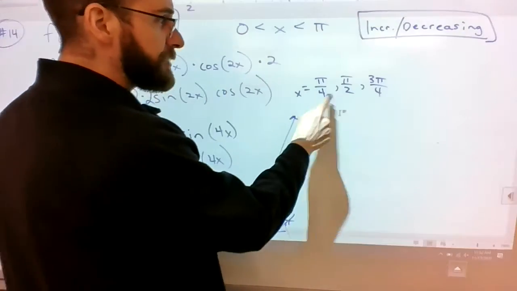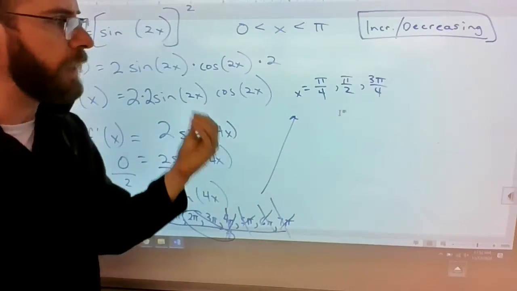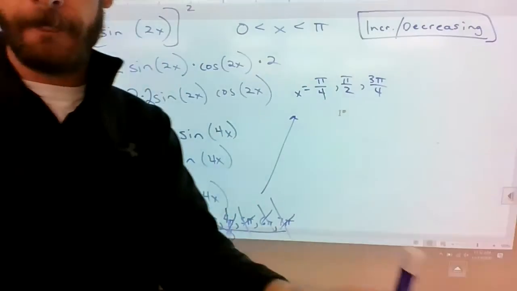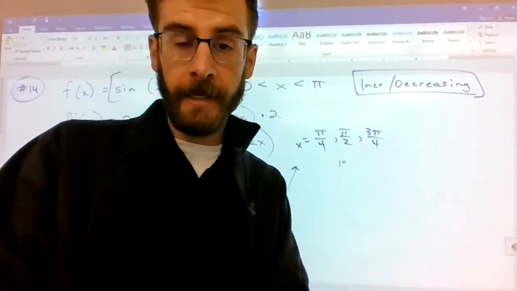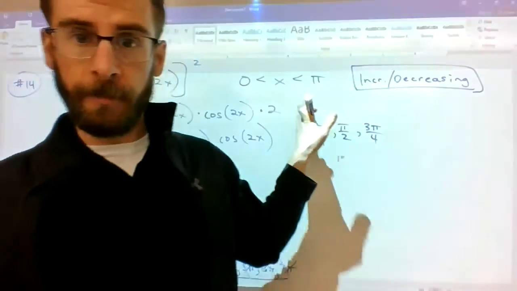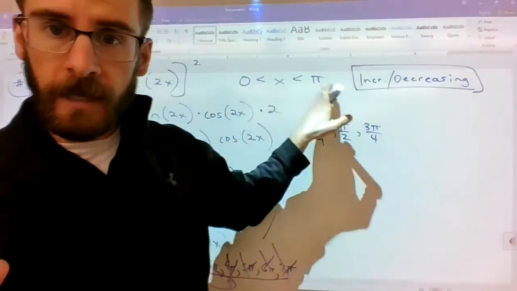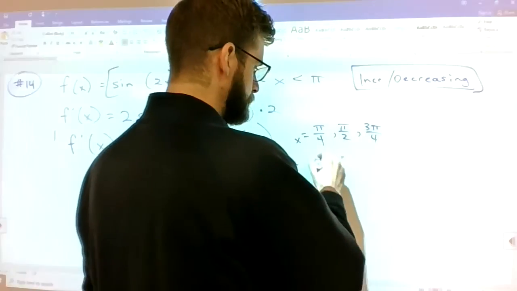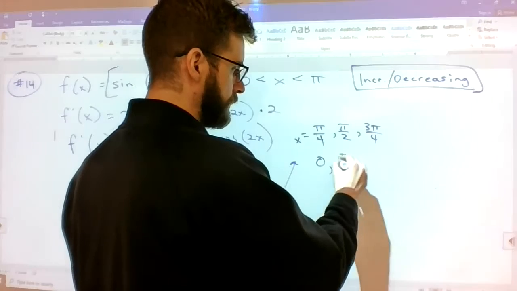Okay, these are our critical numbers. So you set up your intervals with those in mind. And the boundaries aren't going to be negative infinity to infinity. The boundaries are going to be 0 and pi. So you start at 0. You travel to pi over 4.